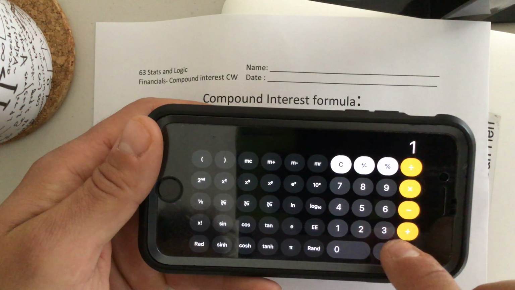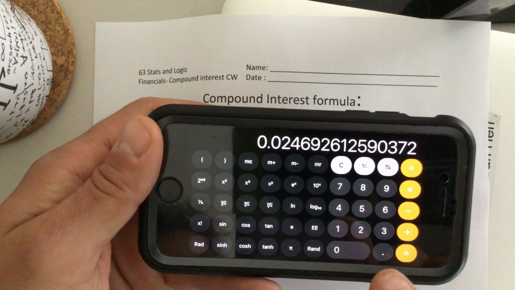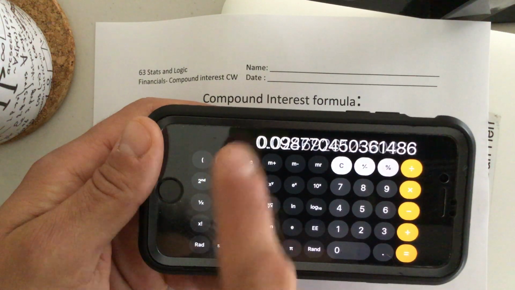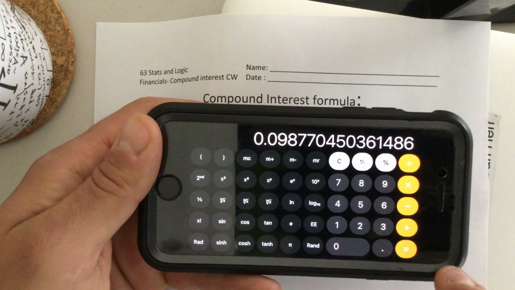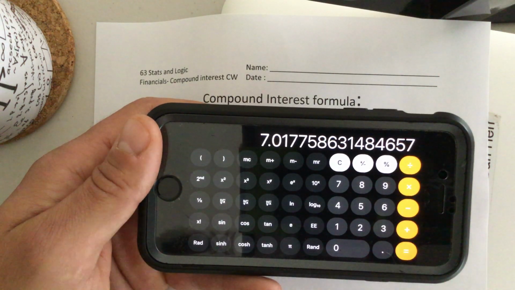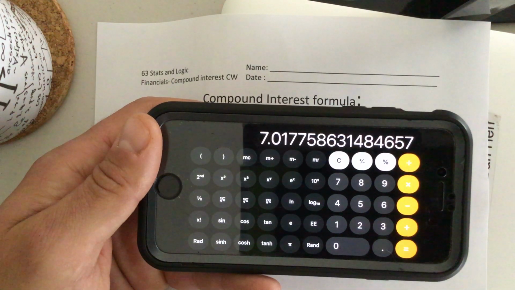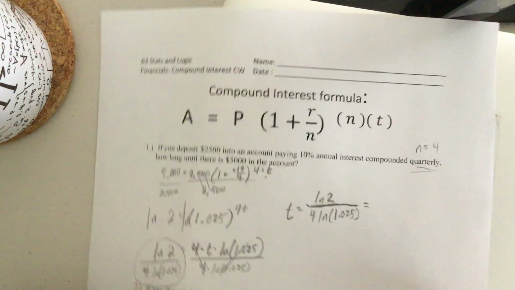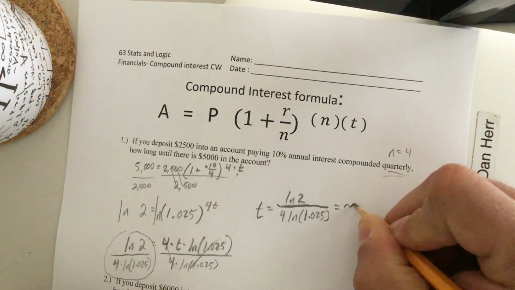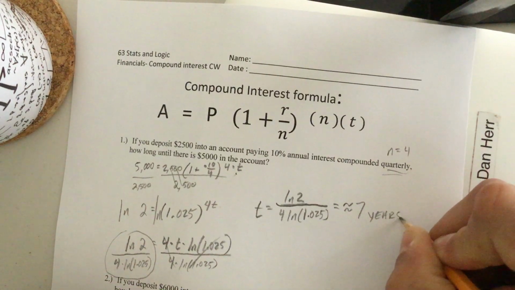So I actually type in 1.025 first, hit the natural log of that, then I close my parentheses. So the cell phone calculator did that math. I'll hit enter, boom. We're going to have that in the account for about 7 years. And it's okay to round to the nearest year. So it's going to take approximately 7 years.